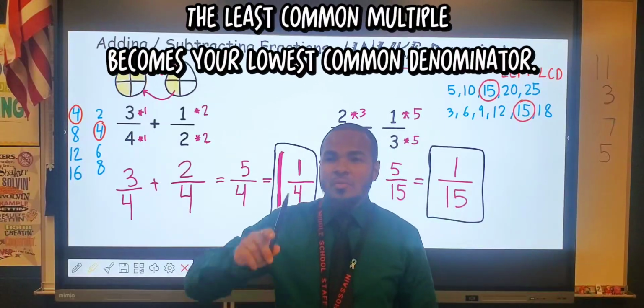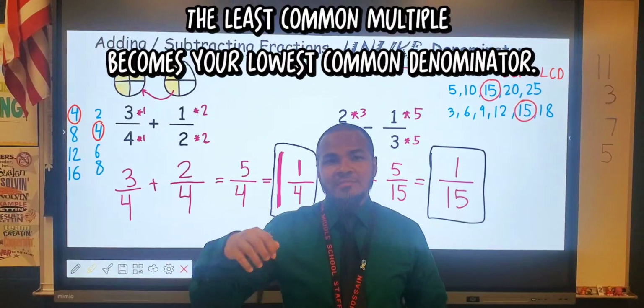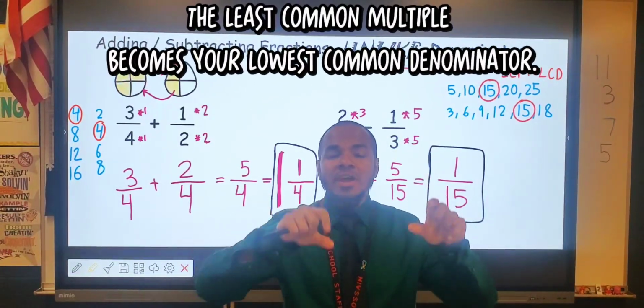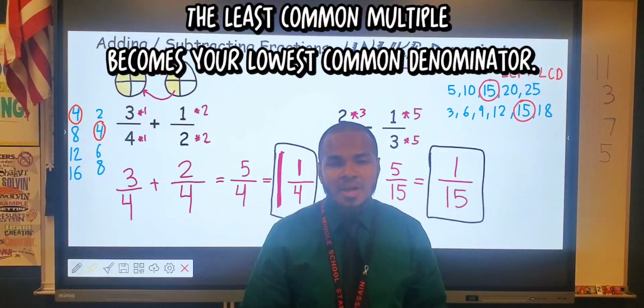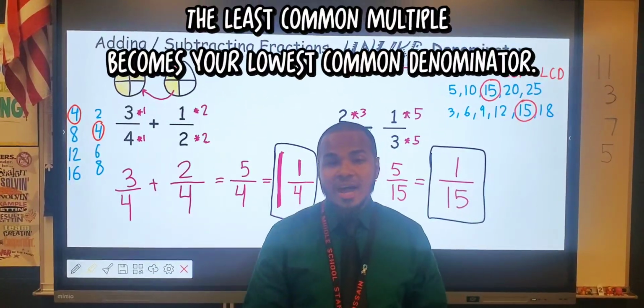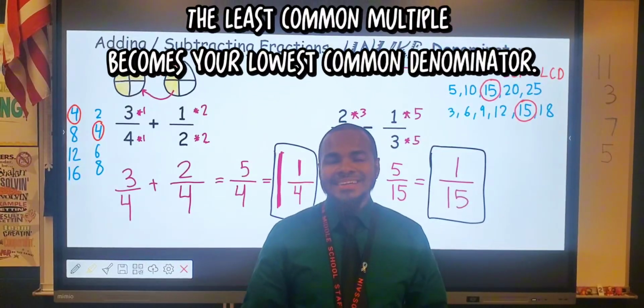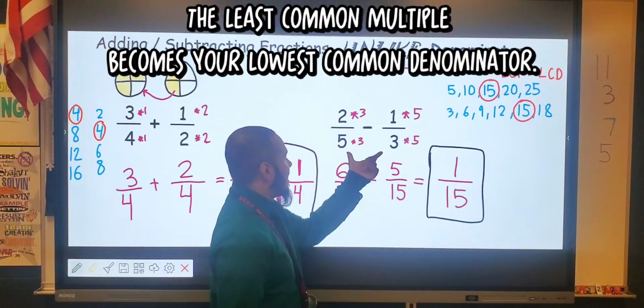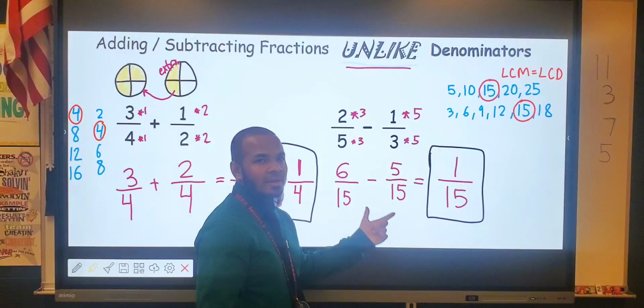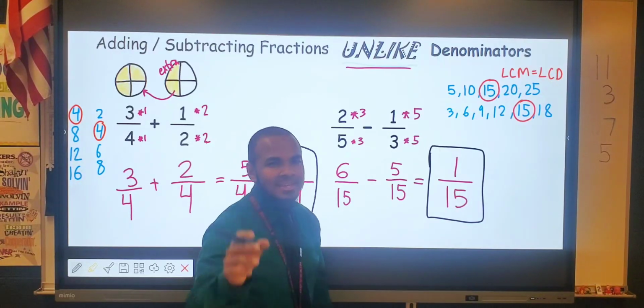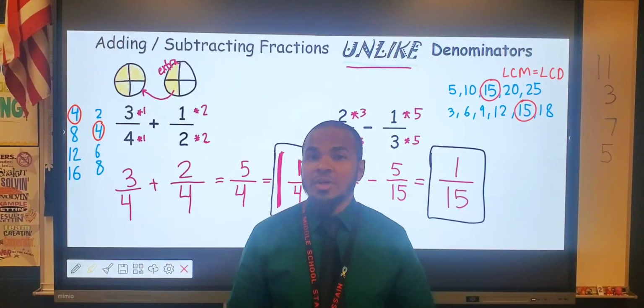And once you create that list, you basically find the LCM, the very first number they share in common. And that very first number they share in common becomes your lowest common denominator. And so once you have the same denominator, you could just add the numbers at the top, which is referring to the numerator.